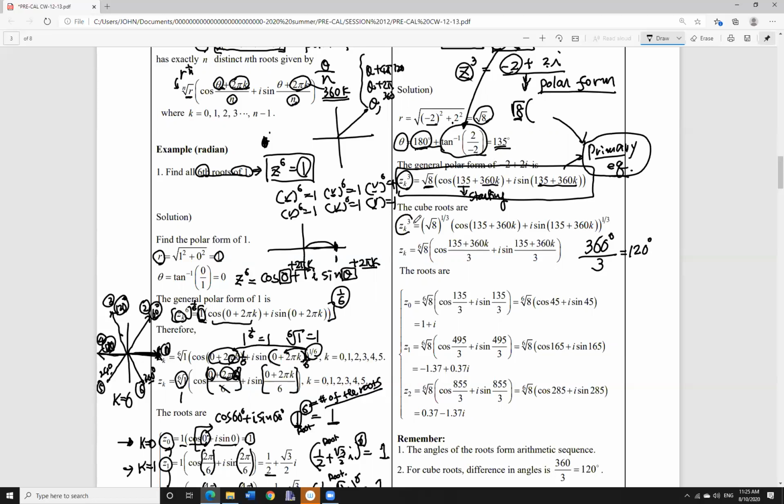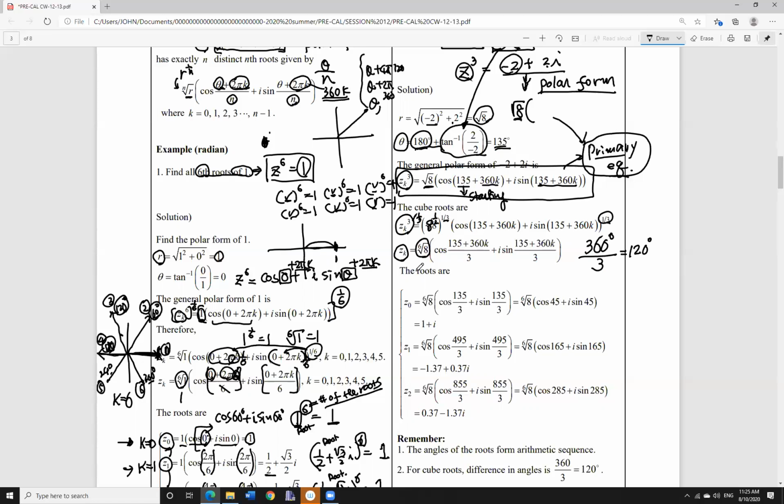Now we're going to find z_k, right? It's times 1/3, 1/3, 1/3. So root 8 to the 1/3: this root 8 is actually 8 to the 1/2, and 8 to the 1/2 times 1/3 is 8 to the 1/6. This is fine.